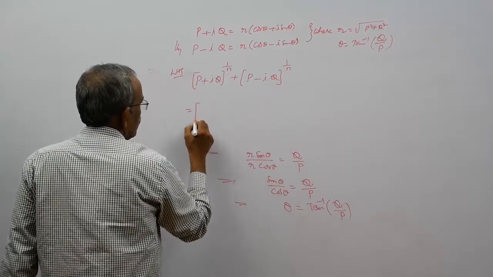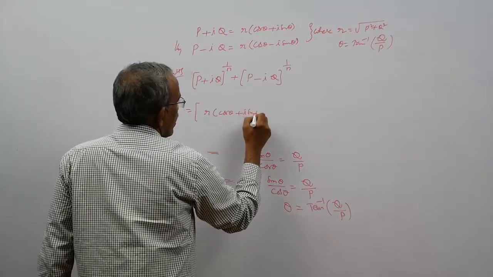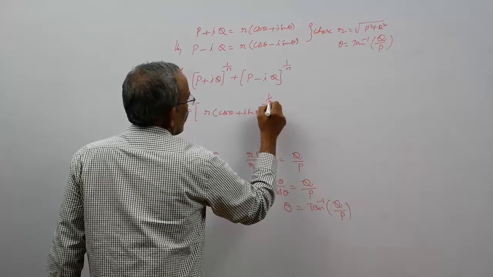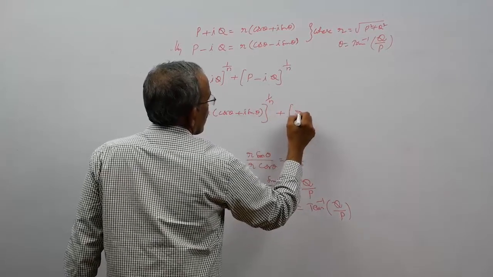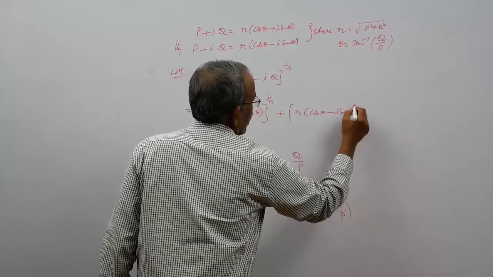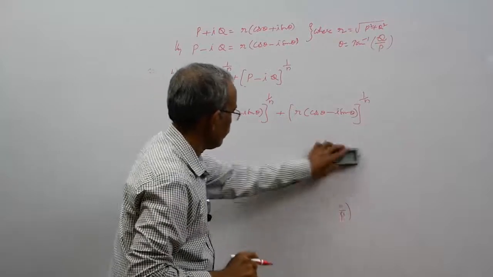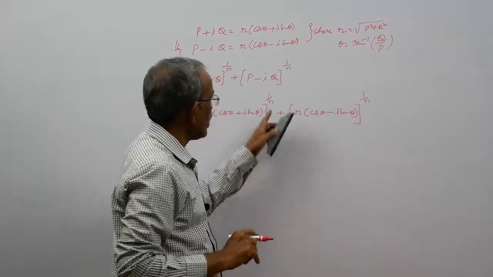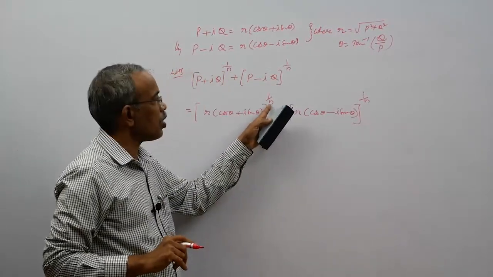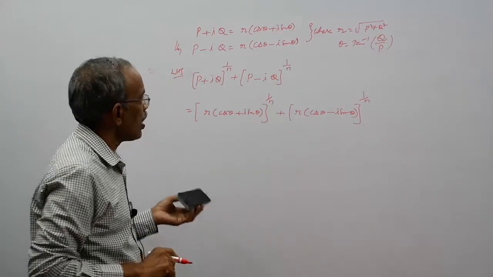This is equal to (r into cos theta plus i sin theta) whole to the power of 1 by n plus (r into cos theta minus i sin theta) whole to the power of 1 by n. We know that n is a positive integer, which means 1 by n is a rational number.